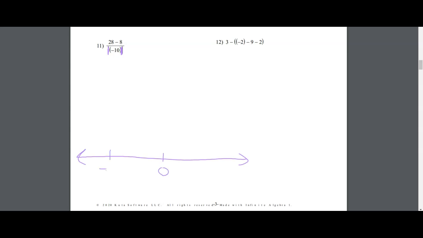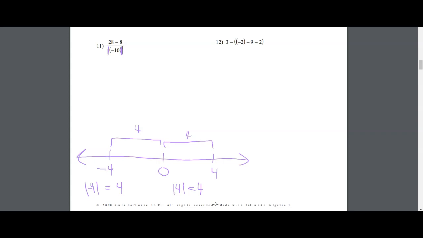So if I have negative 4 and 4, both of these have a distance of 4 from 0, which is why the absolute value of negative 4 equals 4, and the absolute value of 4 equals 4. Again, I'm sure you've talked about that in previous classes, but just a little refresher. The absolute value signs just tell us to make whatever's inside, after we simplify it, positive.